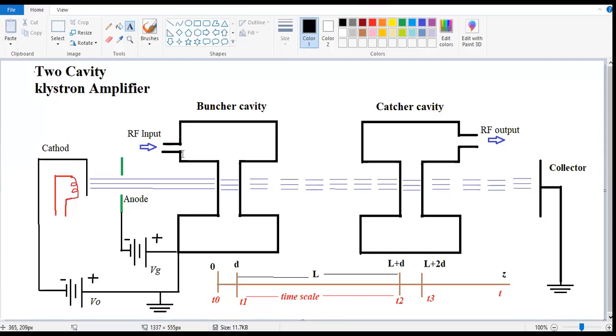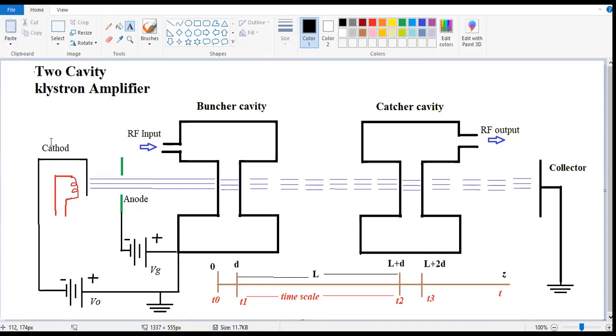Here the input is given, so due to that bunching action takes place, and this bunching is collected by the catcher cavity. The catcher cavity collects the microwave RF signal, and from here you will get the output. So this is the two cavity klystron.